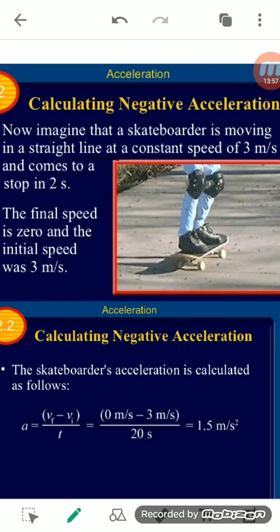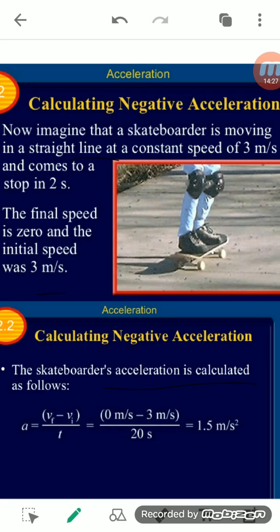Now how will we tell that this is a negative acceleration? You can see that the final speed is 0 and the initial speed is 3 meter per second. So the final is less as compared to the initial one. The skateboarder's acceleration can be calculated as follows: final velocity minus initial velocity upon time taken.